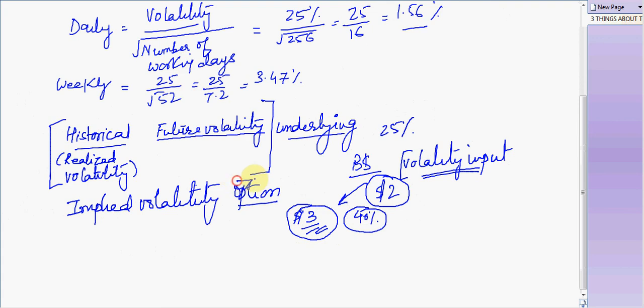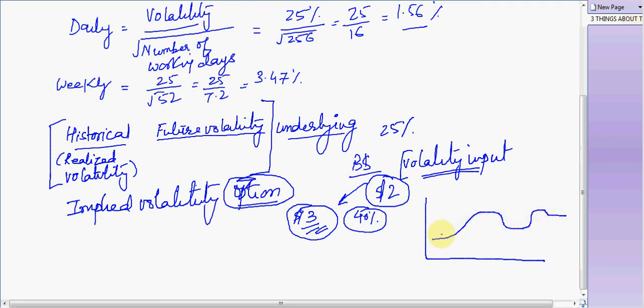Now again, one of the things to remember is that you might find various services giving the implied volatility, and I found that most confusing when I started. They will give you a graph saying, this is the implied volatility, and I would always be confused, as there are various strike prices, so how does one give one line for all the implied volatilities associated with a particular option?